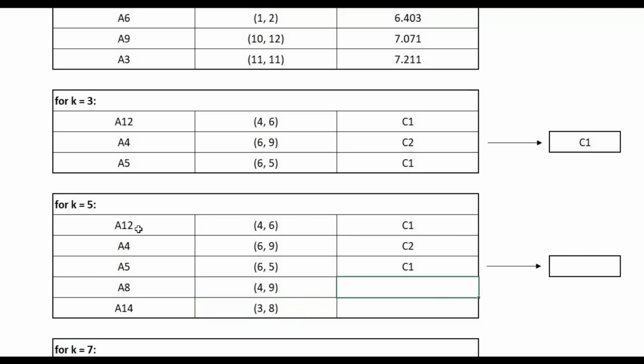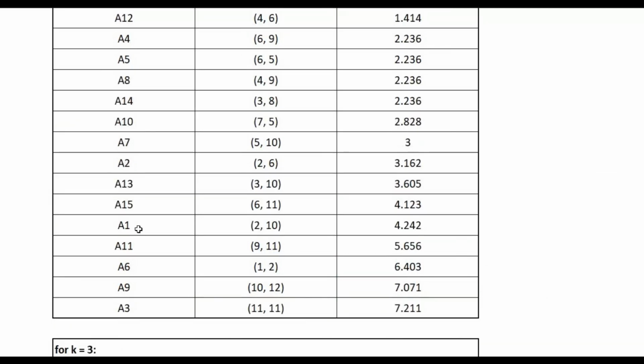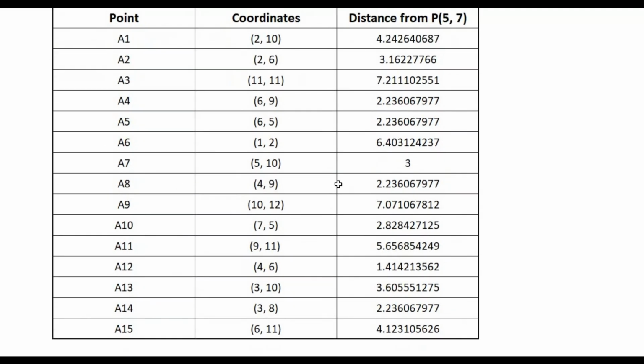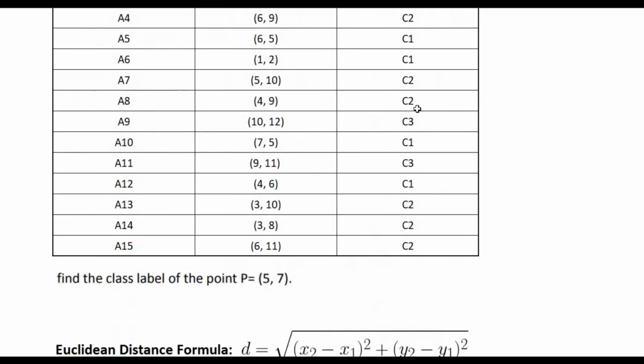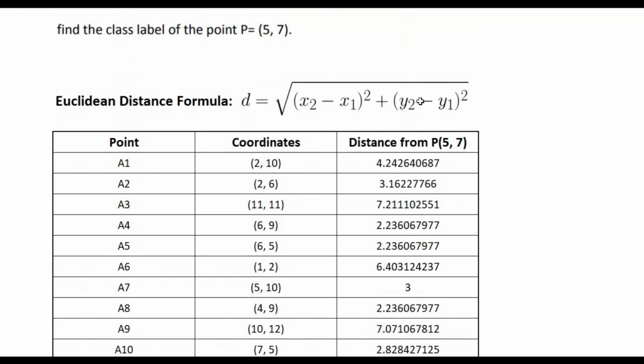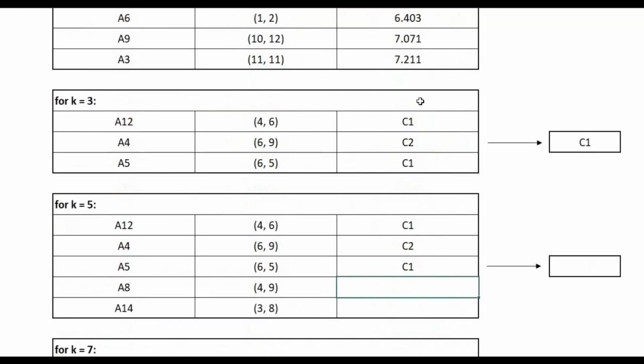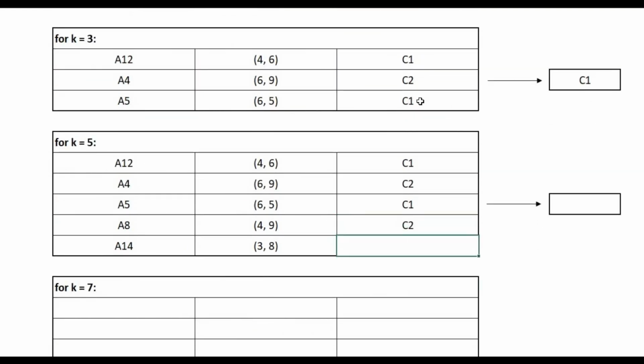For the class labels, we go to the initial table: A8 is C2, A14 is also C2. So in k5 we have 3 C2 and 2 C1. So the class label predicted for the new data point according to k5 is C2.